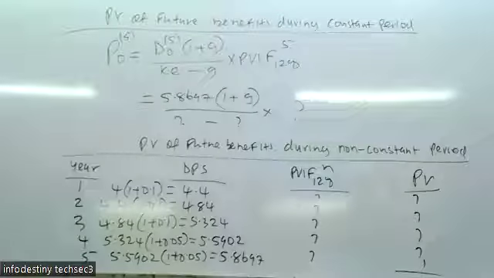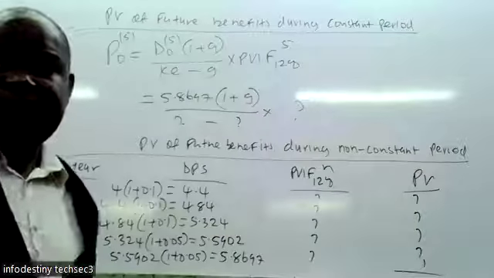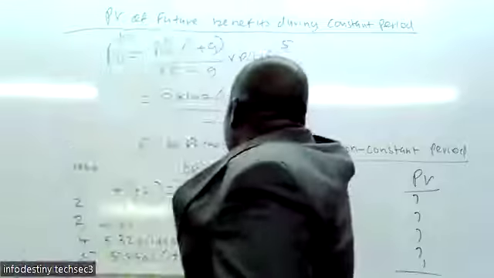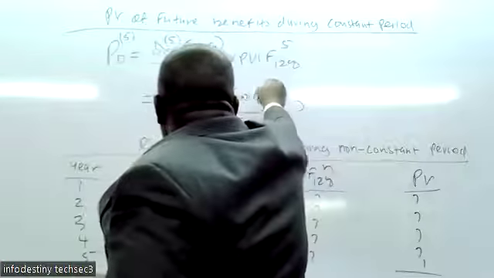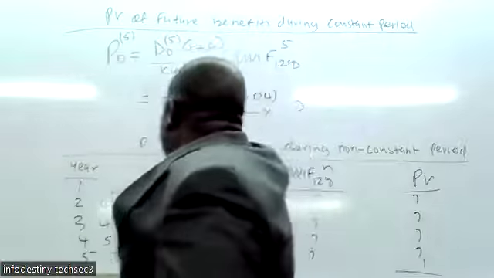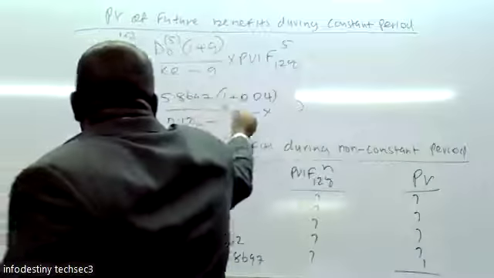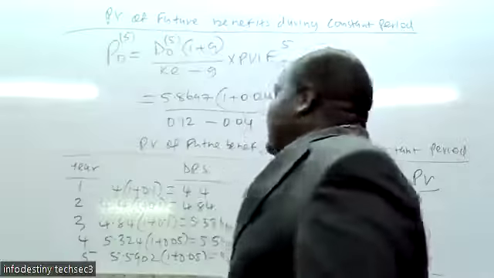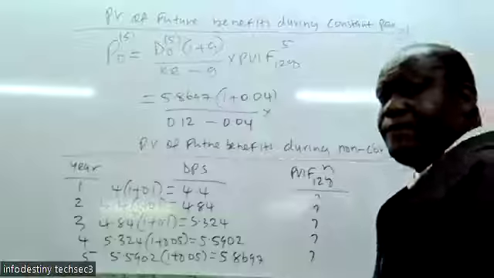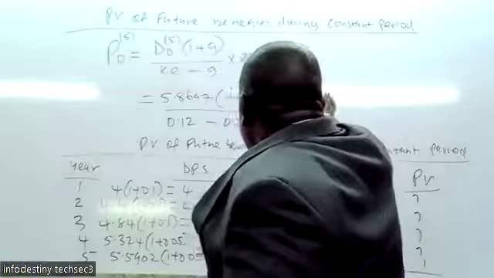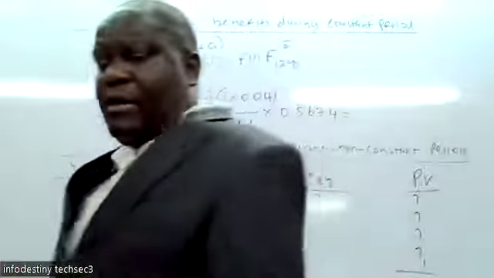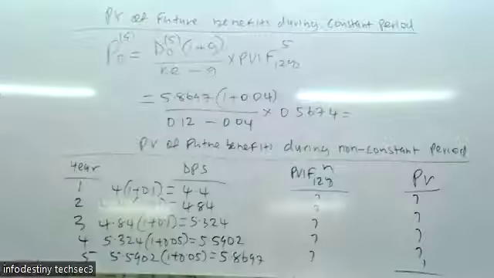Thereafter, they give you the growth rate in the question. So thereafter, it is growing at what percent? 4%, which is the same as 0.04. So this one is 0.12 minus 0.04. What was there in the table? 12% in year 5, 0.5674. Add those two figures together, then you get the value of that share.